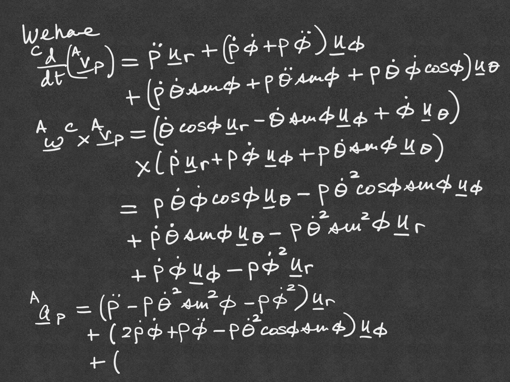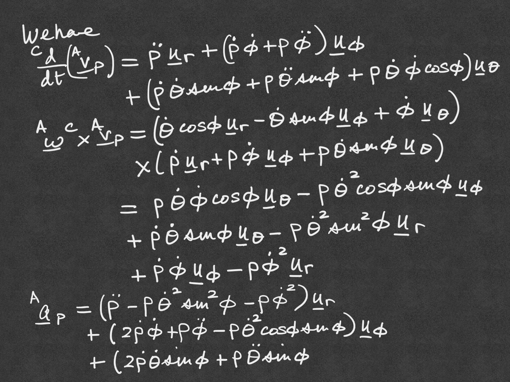And then the last term is the u theta term. So if we look at the u theta term, we have a rho dot theta dot sine phi. If we look down in the second part, we also see a rho dot theta dot sine phi. So there's 2 rho dot theta dot times the sine of phi. The next term is rho theta double dot sine phi. There's no other term like that in the other expression, so we have plus rho theta double dot times the sine of phi.